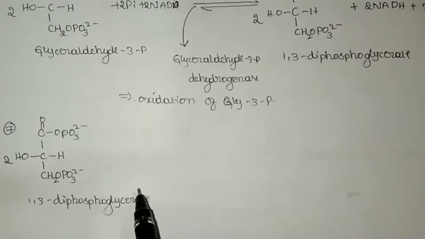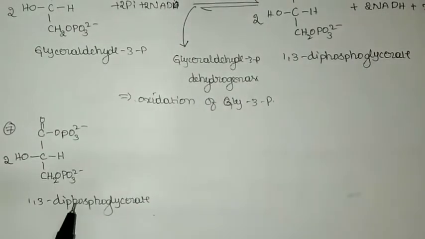Okay, the seventh reaction is the conversion of 1,3 diphosphoglycerate into 3-phosphoglycerate.